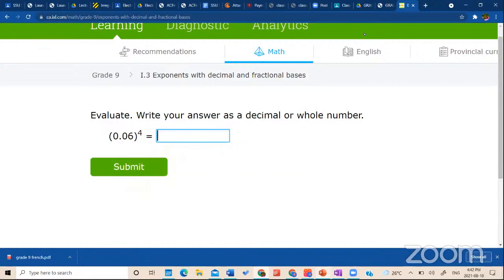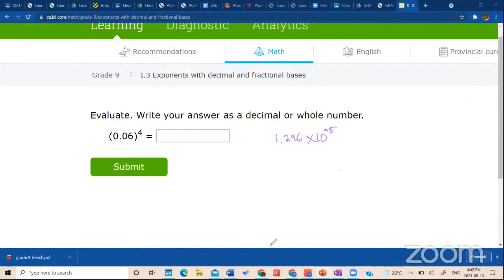Okay, so let's try this one. 0.06 to the exponent 4. It's then 1.296 times 10 to the negative 5. We are going to add zeros. Can I try writing it? Yeah, it's going to be 0.